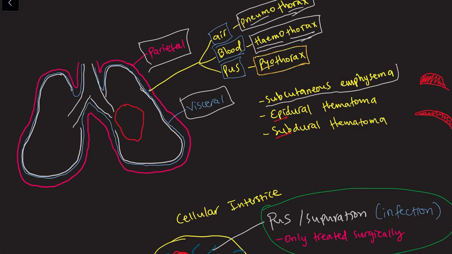Air can escape from the trachea or from the airways and accumulate in the subcutaneous tissue. There you can have subcutaneous emphysema. In the skull, for example, when there is trauma, blunt trauma or whatever laceration that causes damage to the veins, you can have epidural hematoma, right? You can also have subdural hematoma.